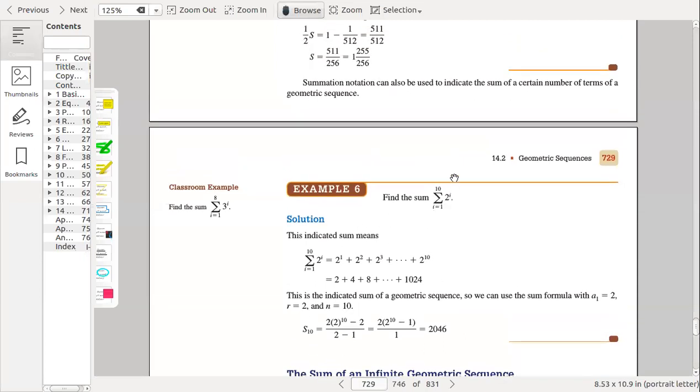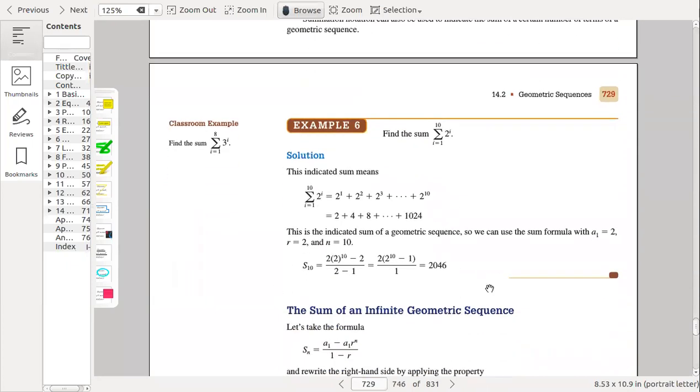We can also write this sum as the summation from i equal to 1 to 10 of 2 to the power i. For i equal to 1 this is 2, for i equal to 2 it is 2 squared, for i equal to 3 it is 2 cubed, and the last one is 2 power 10. After simplification, it gives 2 plus 4 plus 8 and so on.